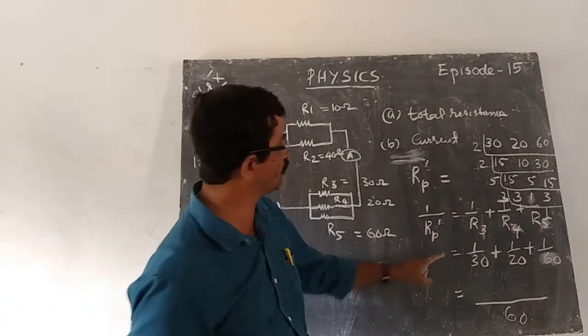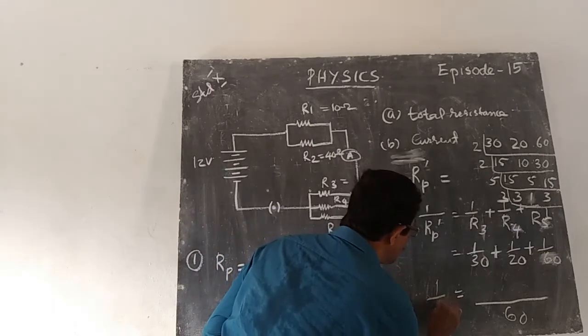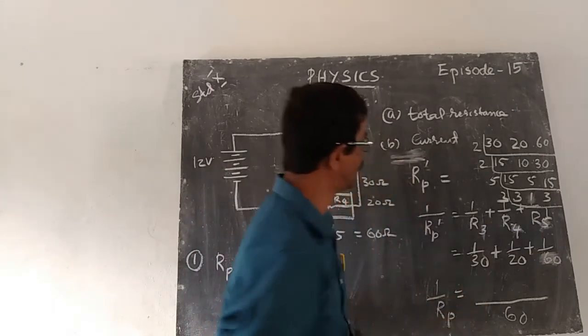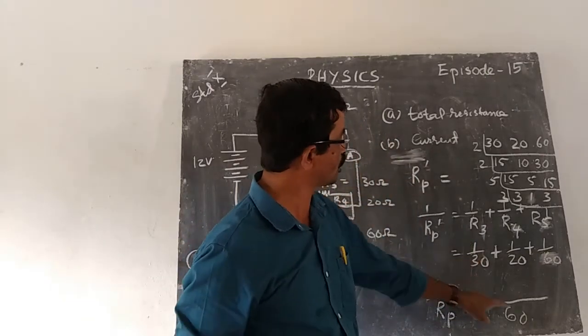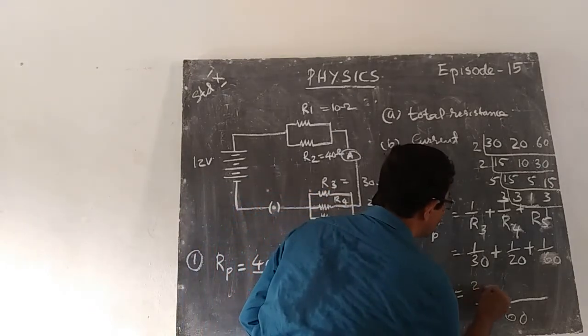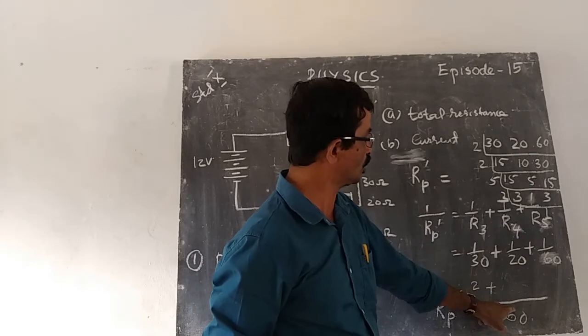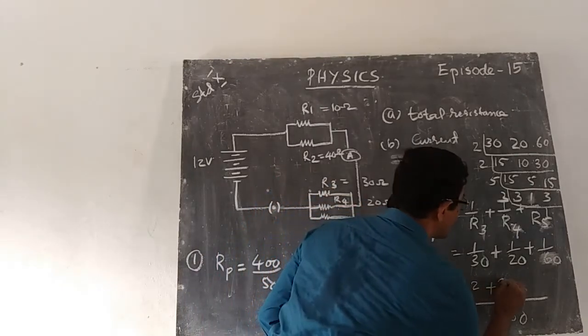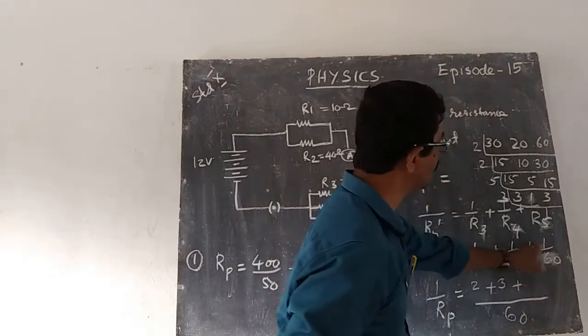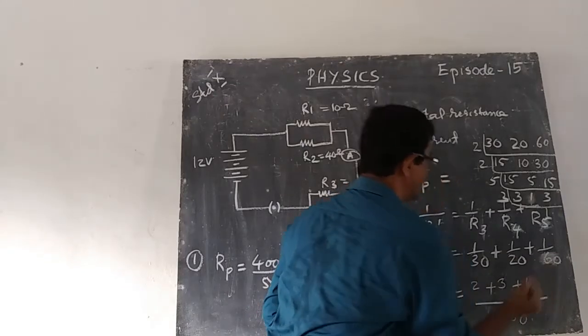Now each fraction we want to multiply with this 60. 1 by 30 into 60 will come as 2. Then 1 by 20 into 60 is 3. 1 by 60 into 60 is 1.